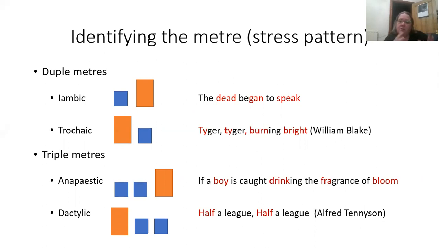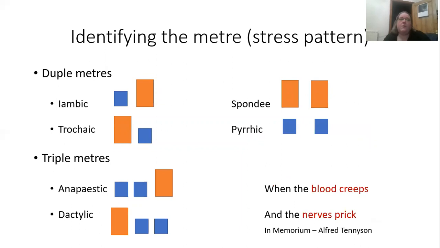But even in those regular poems, there will often be slight irregularities in certain lines. And one of the common irregularities you'll find is the introduction of these types of feet in a duple meter. So a spondee, where both syllables are stressed, DUM-DUM, and a pyrrhic, where neither syllable is stressed, da-da.